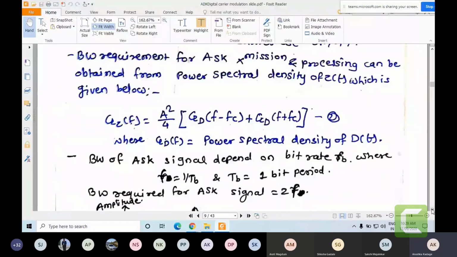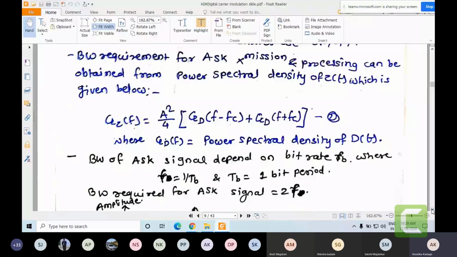Now we will talk about the value of bandwidth of the ASK signal. And to talk about the bandwidth of the ASK signal, first we have to define with what rate the ASK signal will be generated, and that will be dependent upon what is the bit rate for the binary signaling system to be defined.